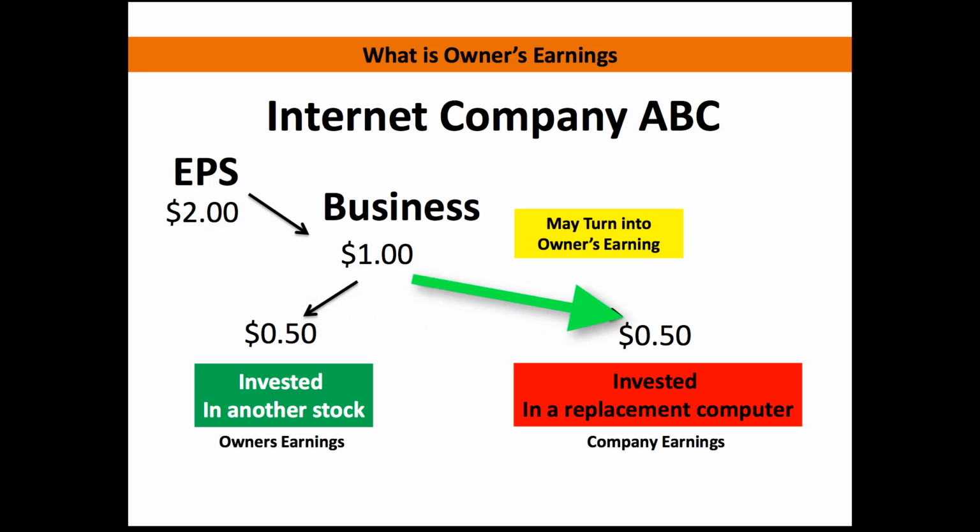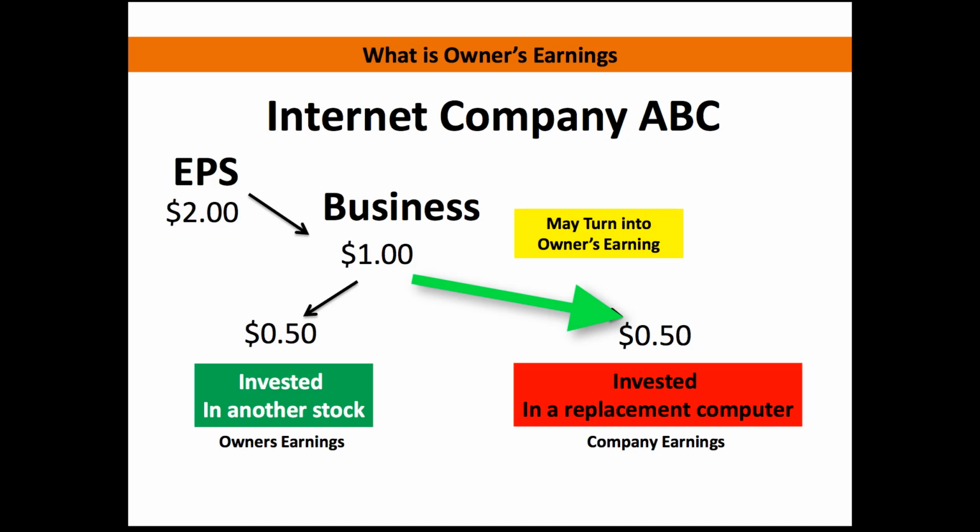Now, the other 50 cents, at the bottom right, was used to invest back into the company, but in a manner that replaced the computer, we'll say, that they already possessed. Imagine the old computer on the balance sheet listed as an asset.